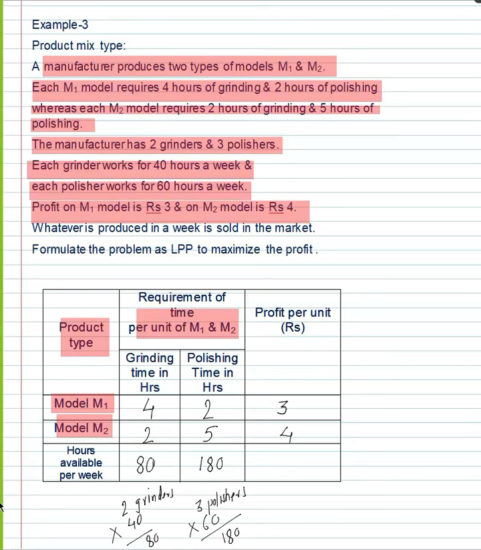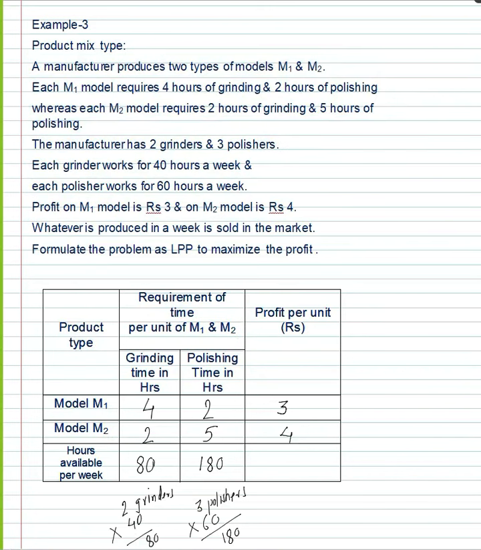So we have inserted all the data of the given LPP in this table. Now let us formulate this LPP. Suppose a manufacturer produces x1 units of model M1 and x2 units of model M2.